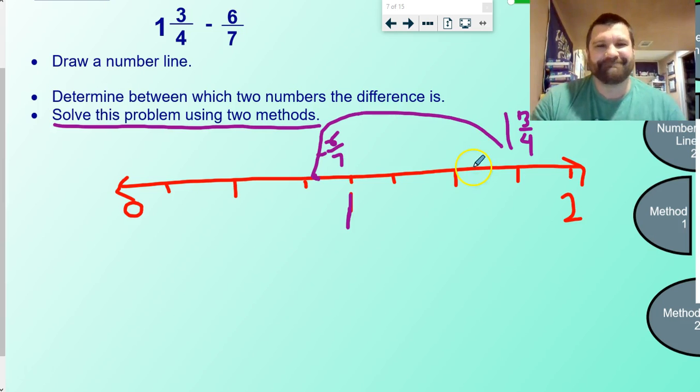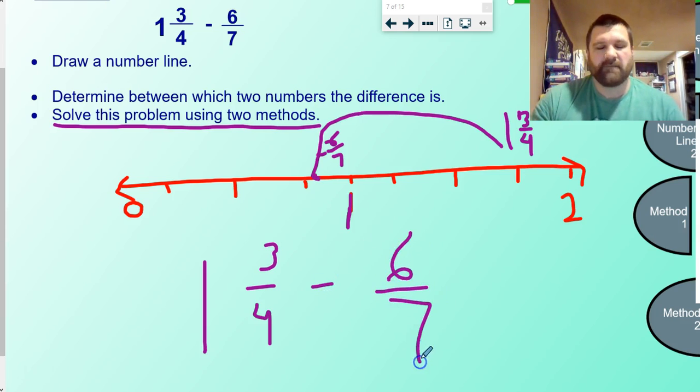We have a whole and 3/4, so we're taking away 6/7. We know that 6/7 is probably bigger than 3/4. So if we end up subtracting this and making the denominators the same, we're going to probably have to borrow from our 1.